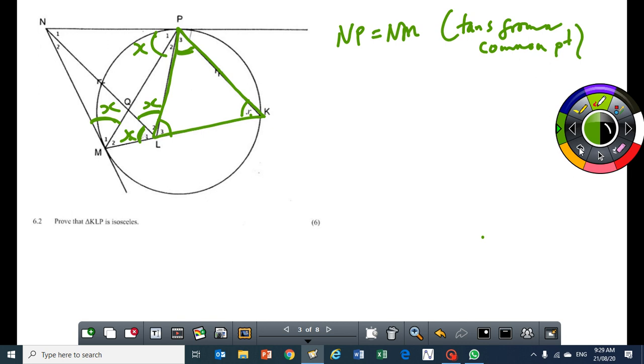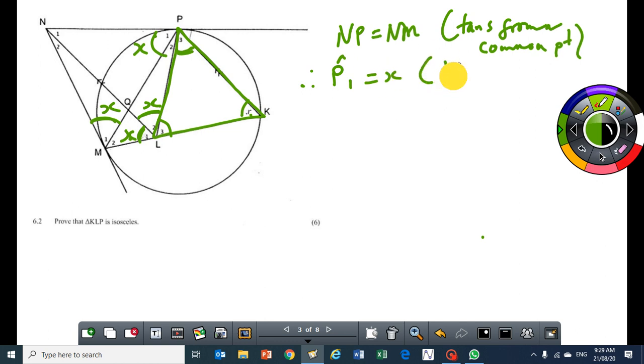It's because for me to say that this angle is equal to x, it is based on those tangents being equal. So I'll then say, therefore, P1 equal to x because of the tan chord theorem.